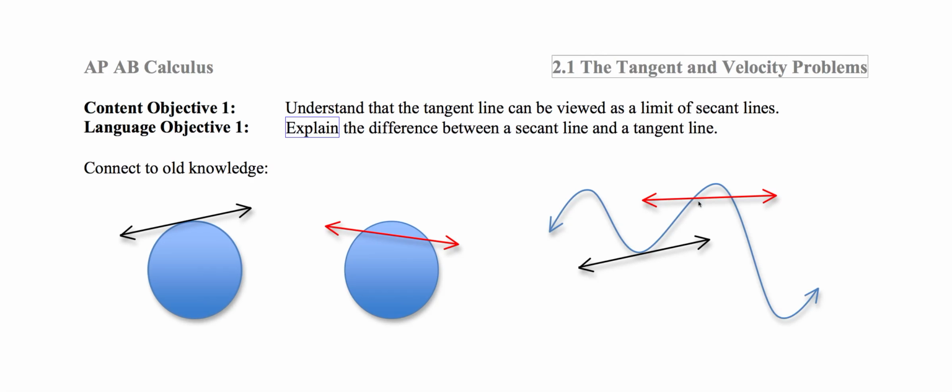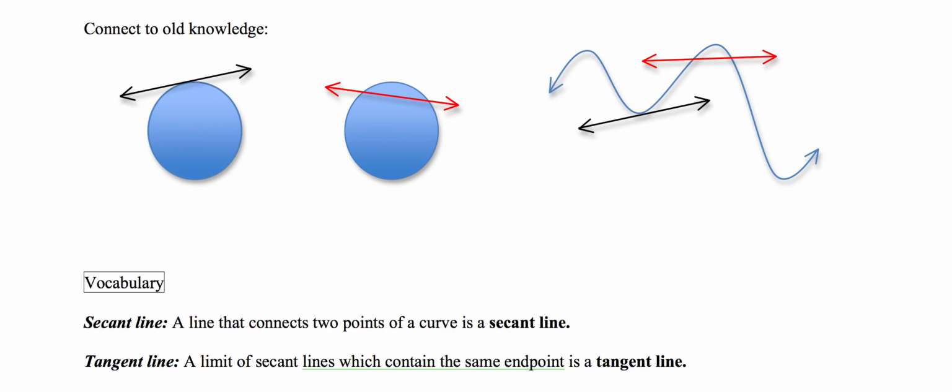So we can say that the definition of our tangent lines stems not just from the secant line containing 2 points or more depending on the curve, but that a tangent line is now going to be a limit of secant lines which contain the same endpoint.